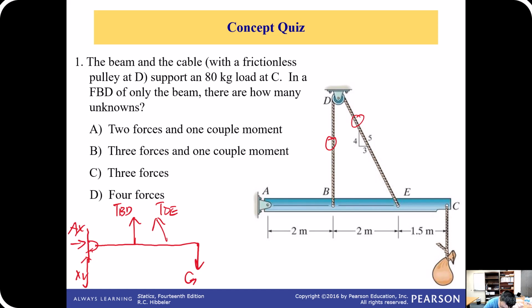So instead of writing TBD and TDE, we can just write T as the tension. In this way, this problem has only 3 unknowns, and we also have 3 equations. The problem can be solved. Does this make sense to you?